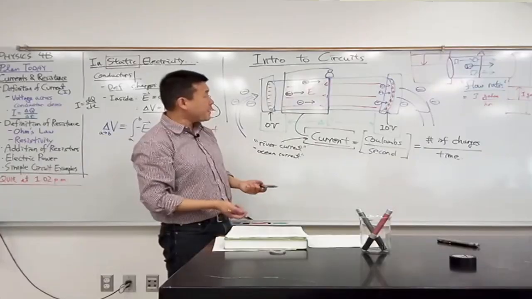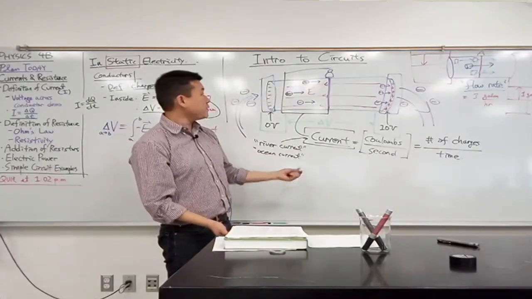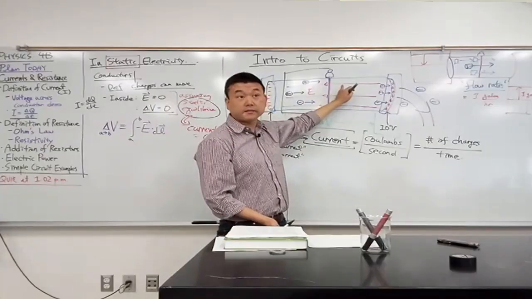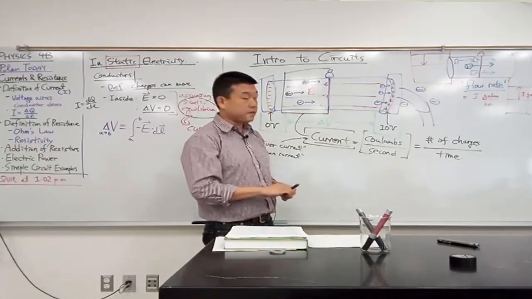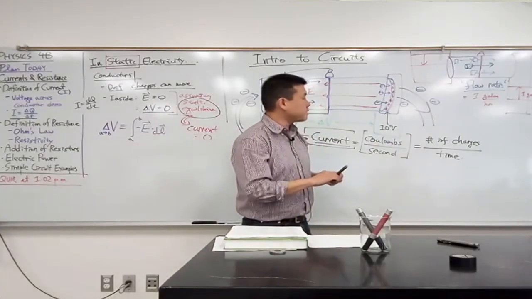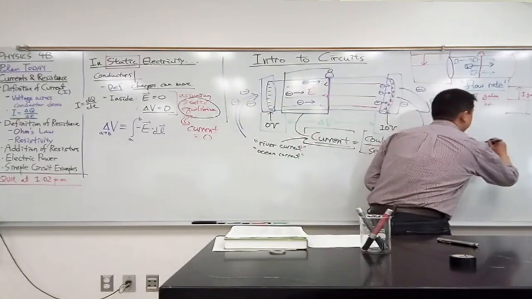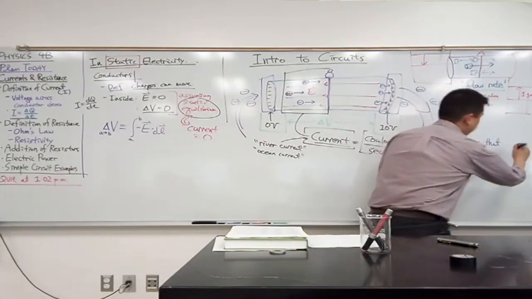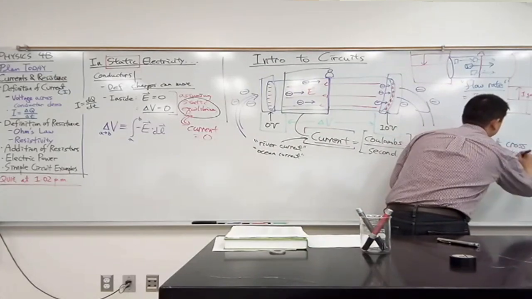And what this guy is counting is, in 1 second, how many charges are crossing over from one side to the other side. That's all he's looking at. So when we say number of charges, it's the number of charges that, let me call it, cross the checkpoint.